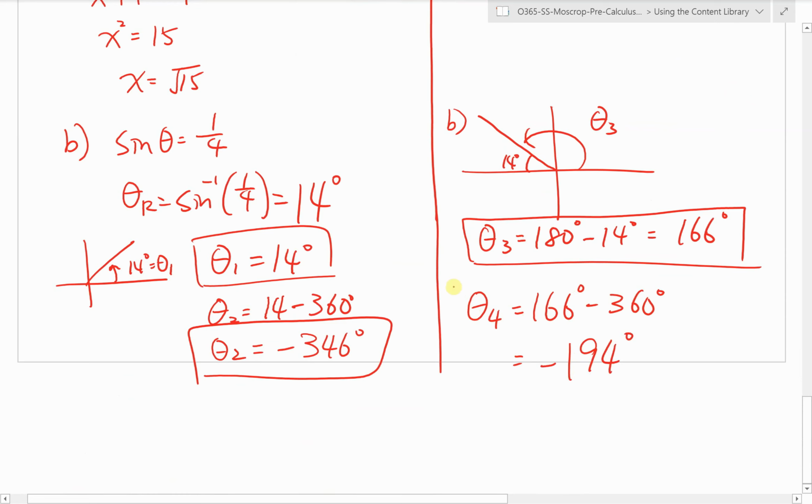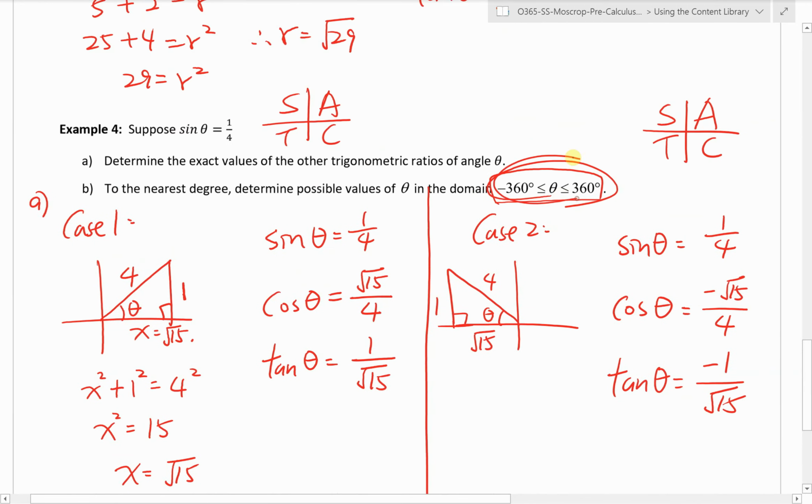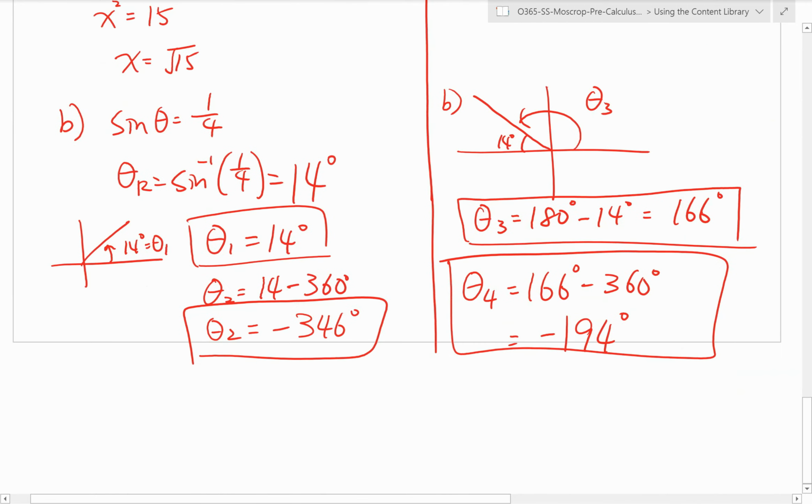So that would be my fourth answer. If you're not so sure, you can continue to minus 360, but it's quite clear that if you minus another 360, it's going to take you outside of this restriction right here. So in this case, you end up with 4 answers.